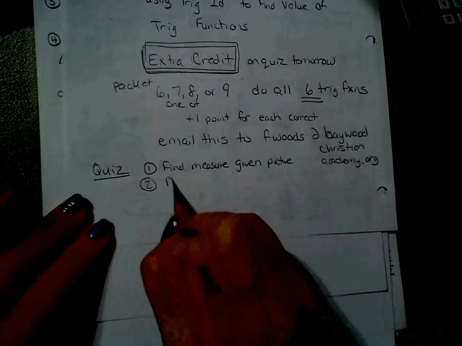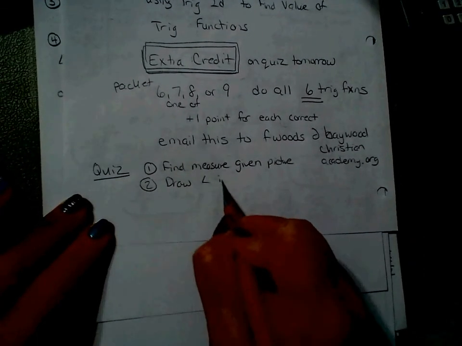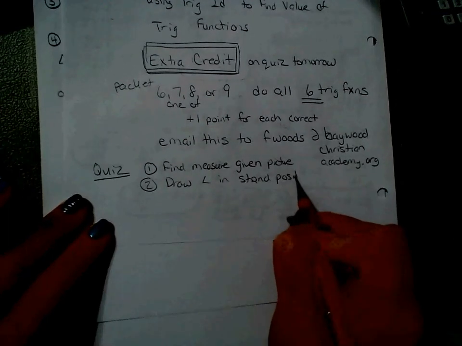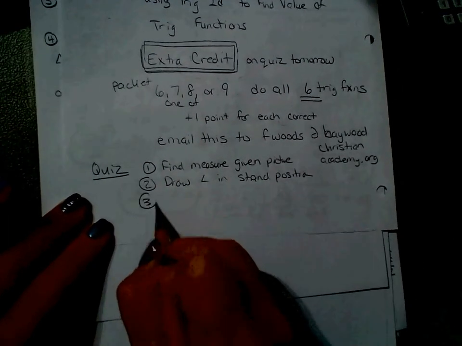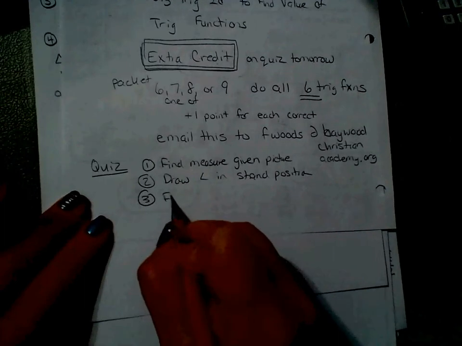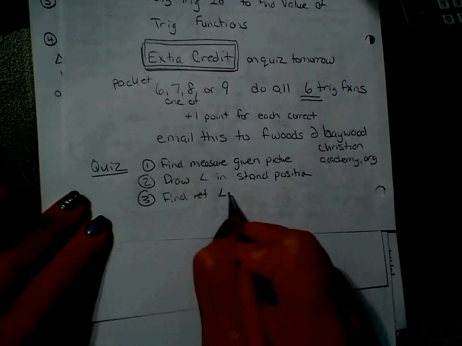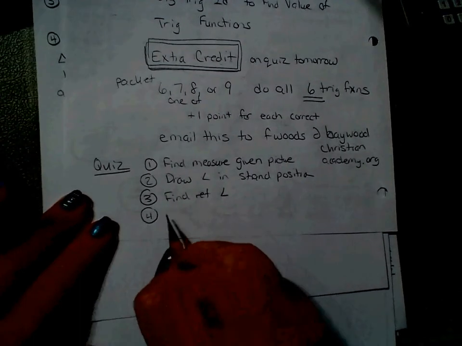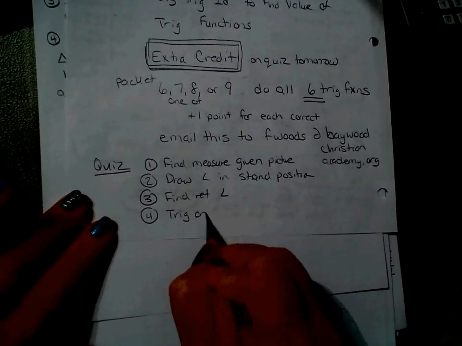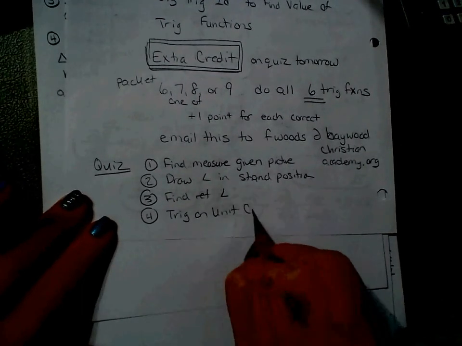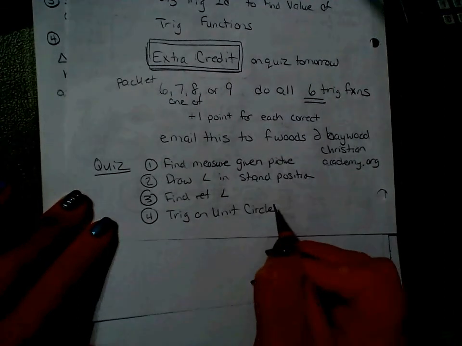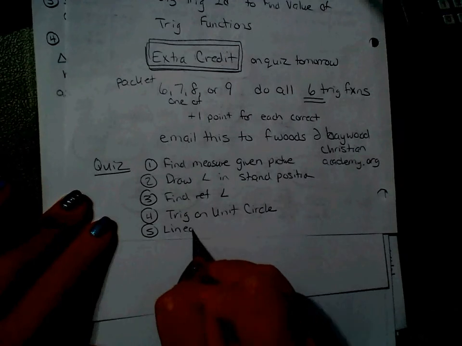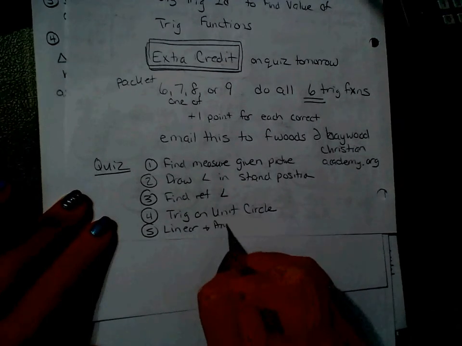You have to draw an angle in standard position. You have to find a reference angle. You have to do problems that are trig on the unit circle, which we did on, I think, Monday, and then linear and angular speed, which we did yesterday.